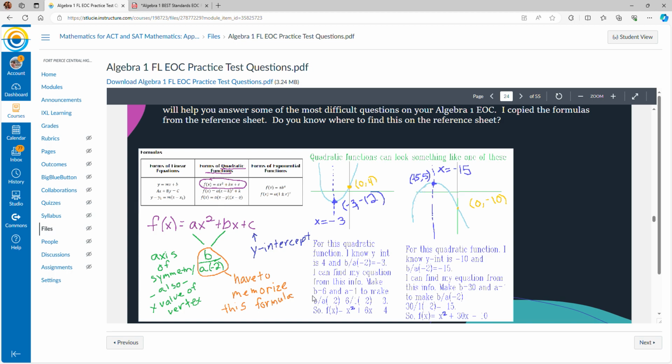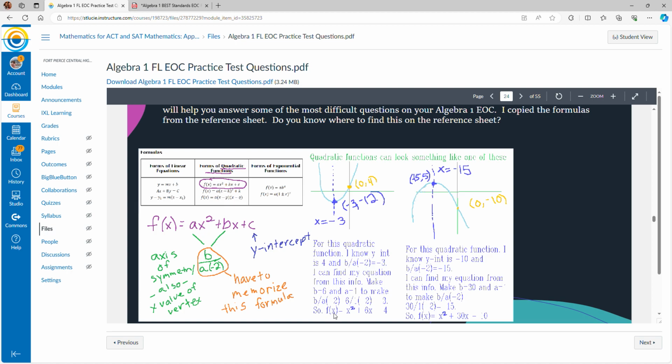by making b 6 and a 1 to make b over a times negative 2 turn into 6 over 1 times negative 2, which equals negative 3, which is our axis of symmetry.